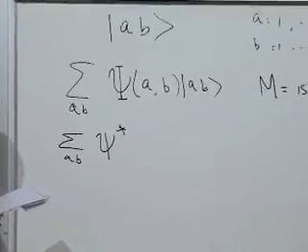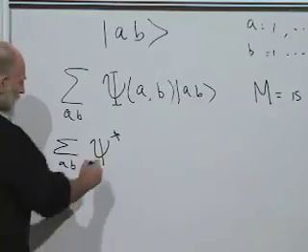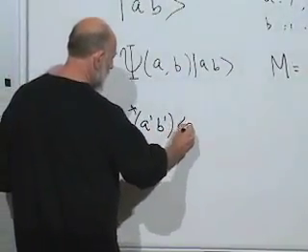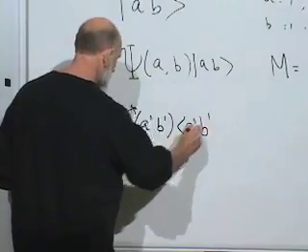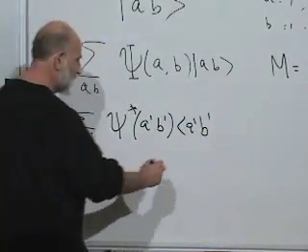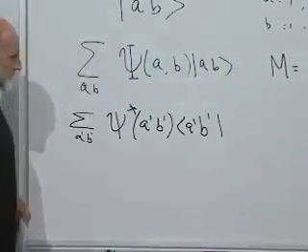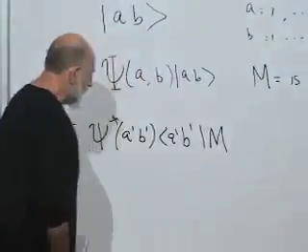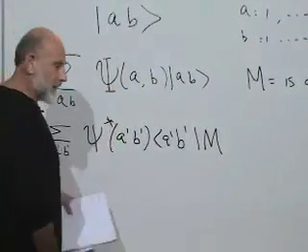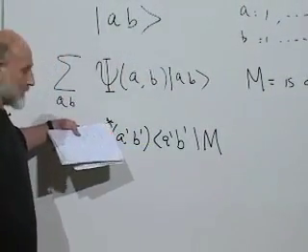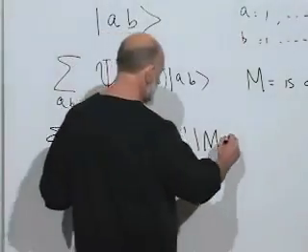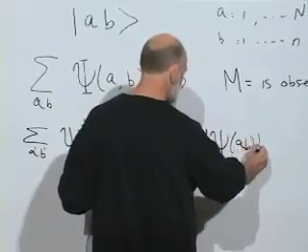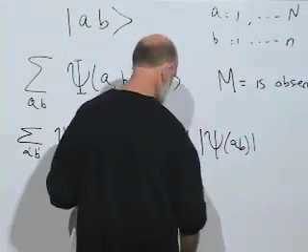So psi star of A prime and B prime, ⟨A prime, B prime|, summed over A prime and B prime. This is the bra vector. Now we're going to multiply that by M. And now the ket vector, which looks exactly the same, except we won't have a complex conjugate. Psi of A and B, |A B⟩.